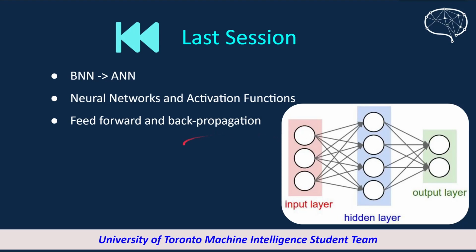And finally, we talked about feed-forward and backpropagation, where in feed-forward you just feed some data into this network and you get a result. And backpropagation is the mechanism for us to update all of the weights in the neurons, and we can train this network to make a better prediction. Backpropagation is very complex in terms of concepts and math, so we didn't cover a lot in that.